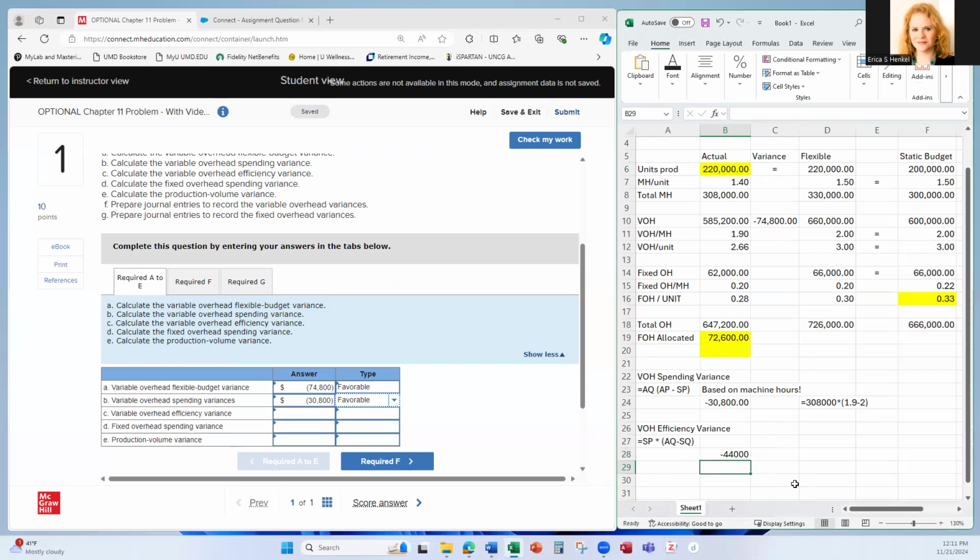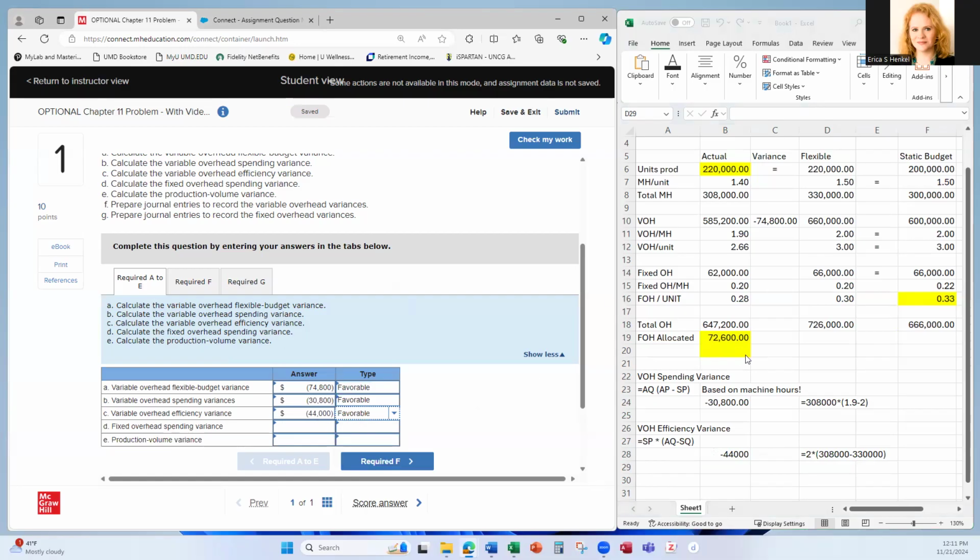So that gets us minus 44,000. And I'll put that formula over here also. And again, that's favorable.